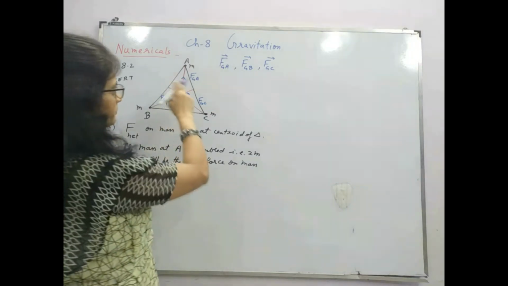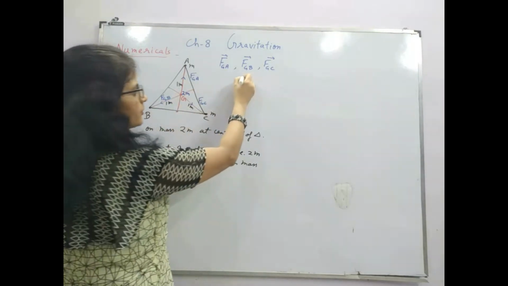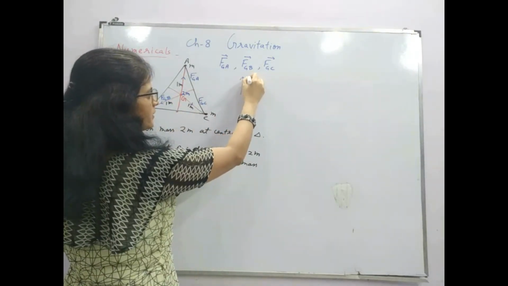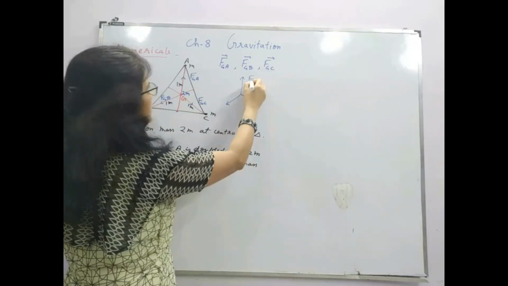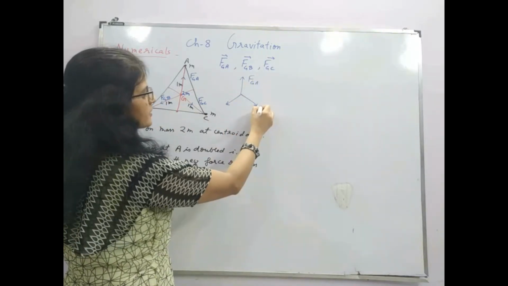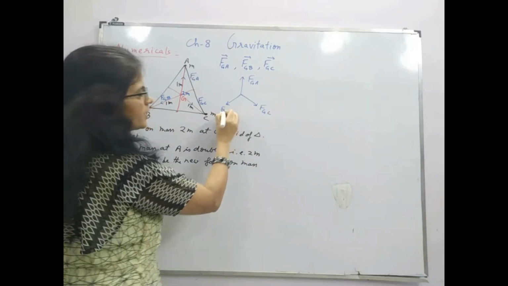So I can find the components of the forces. I know that if I have one vector here, one vector here and one vector here, this is FGA, this is FGC, this is FGB.